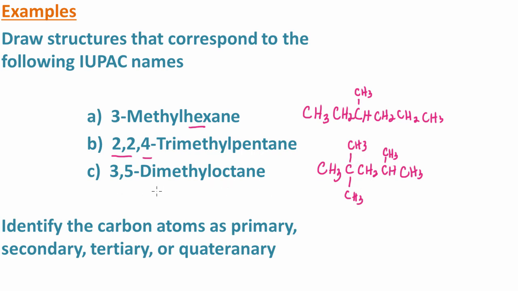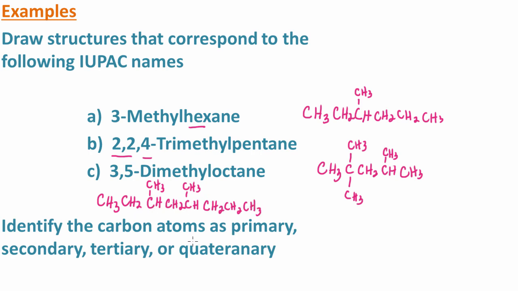And then they want us to draw 3,5-dimethyloctane. CH3, carbon number 3 has a methyl group. So this would leave me with a hydrogen here. And then on carbon number 5, I have a methyl group, and then carbon 6, carbon 7, carbon 8.